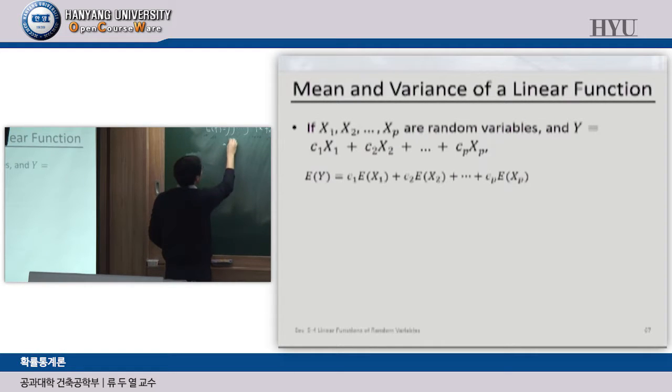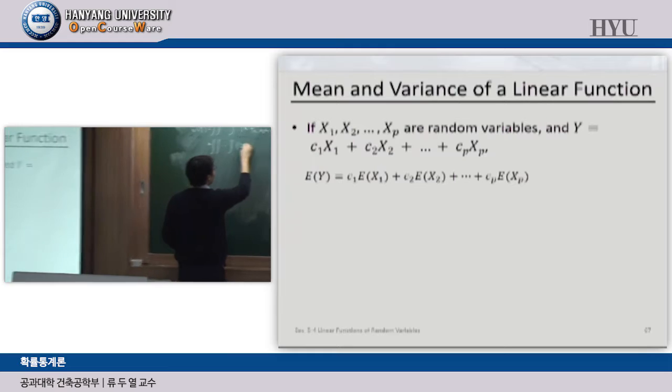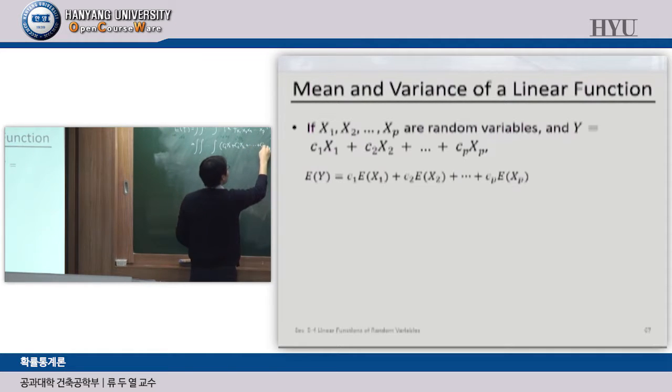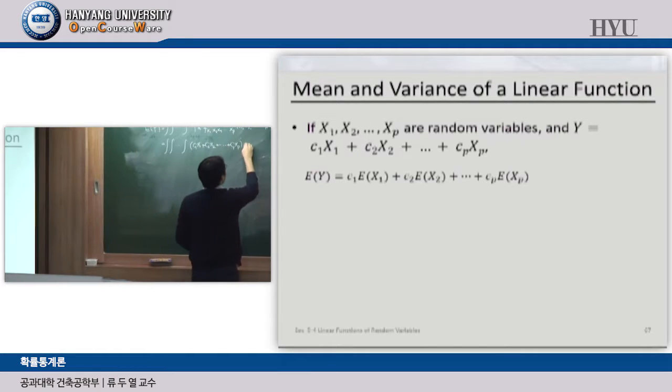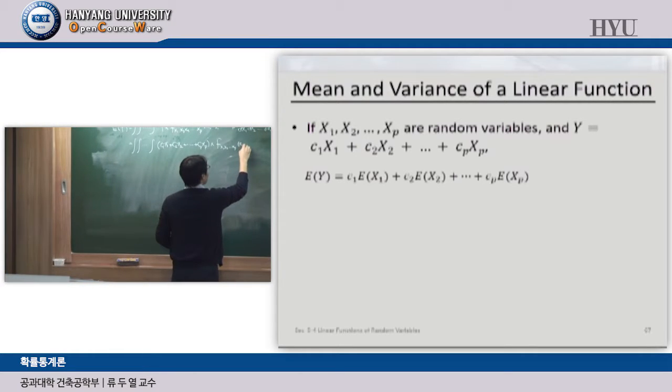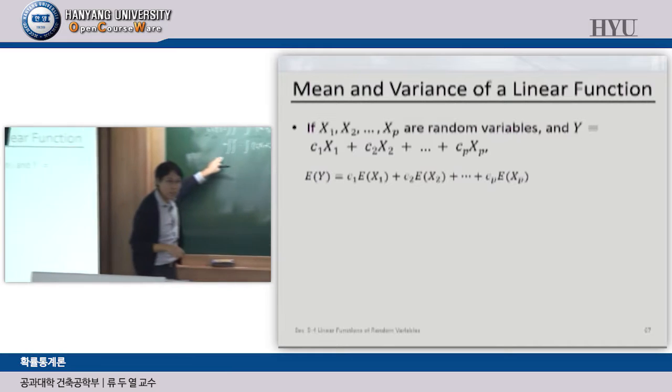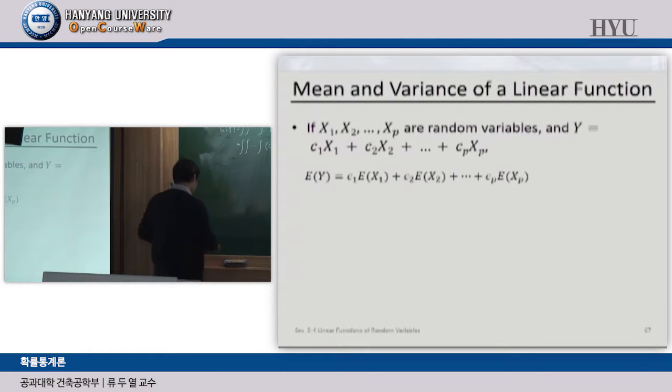What is y? y is C1 x1 plus C2 x2 up to Cp xp, multiplied by f of x1 to xp. This equation can be rewritten.